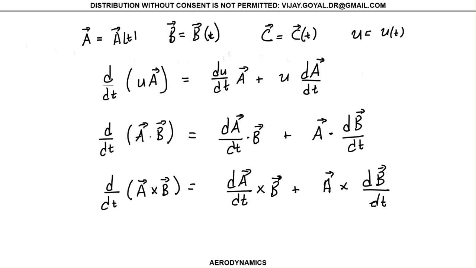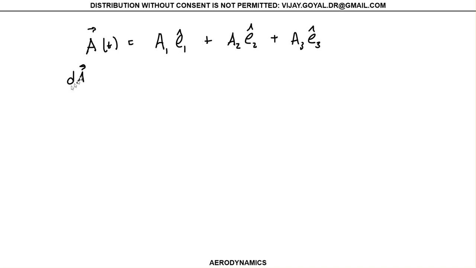Another thing that's very useful to understand: if I have the vector A, let's express the full vector A as a function of time. Let's say it is a function of A1 e1, A2 e2, A3 e3, where everything is a function of time. I want to take the derivative of A with respect to time.